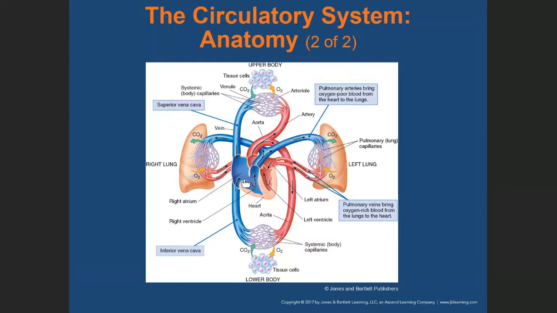But if the issue on the left is not corrected, the right side will fail. And it's the same thing on the right side. If the right side is failing and the issue is not corrected, the left side will fail, but you have more time with that patient. So you have more time with a patient with right side heart failure in comparison with a patient with left side, because the lungs are significantly affected if it's left side heart failure.